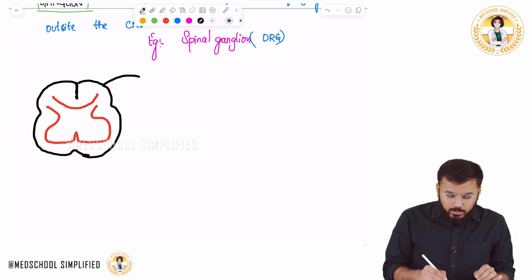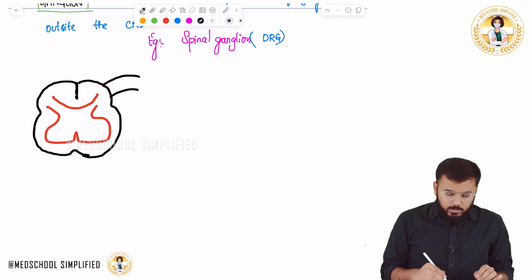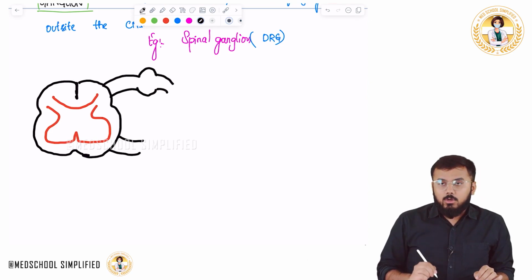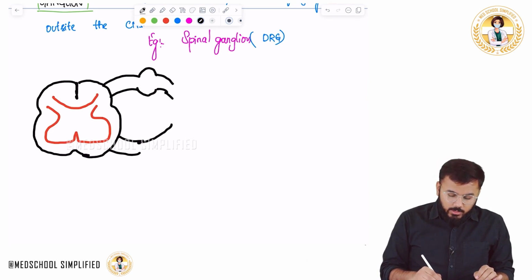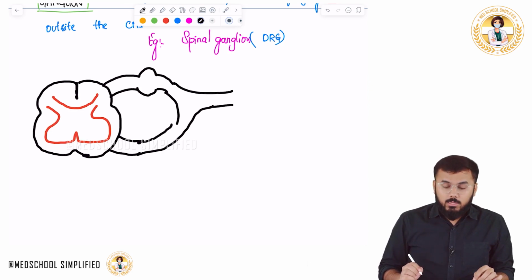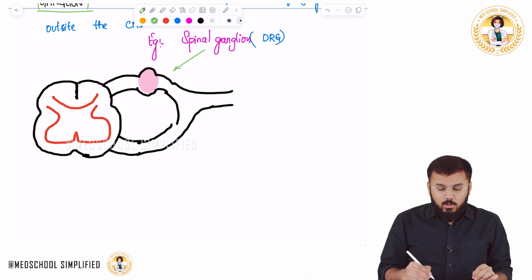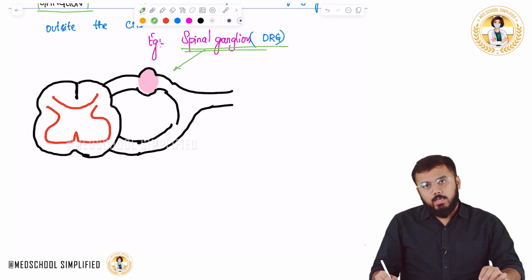Here you have a dorsal root and a ventral root. The dorsal root has a ganglion like this. This is called the dorsal root ganglion, and on the ventral side there is no ganglion. Together they join and form a spinal nerve like this. This particular part which you can see is what is called your spinal ganglion, or you can also call it a dorsal root ganglion.